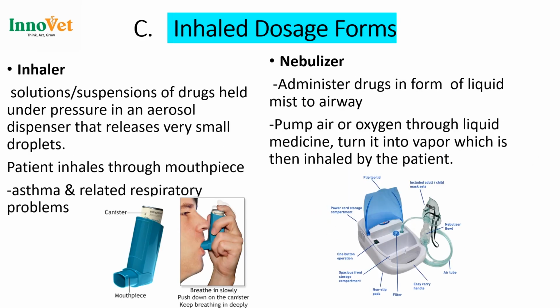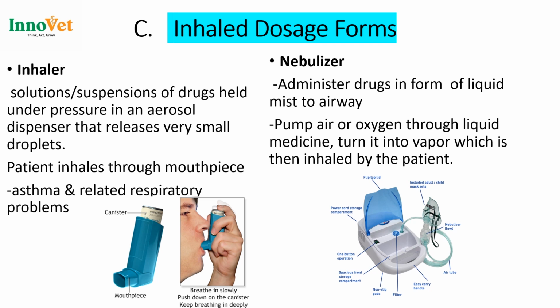And then lastly is the inhaled dosage forms, and here we have the inhalers and the nebulizers. In the case of the inhalers, they are solutions or suspensions of drugs which are held under pressure in an aerosol dispenser, like an air chamber.